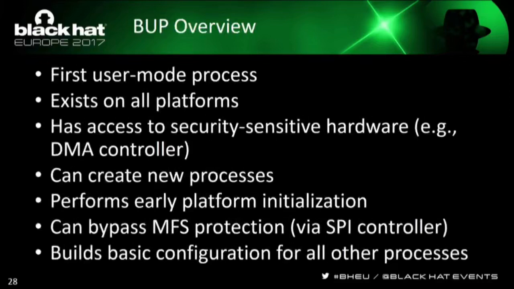BUP exists on all platforms, not only vPro systems, but on desktops, mobile, and servers. It can create new processes via a system service. Also, it gets started before all other processes and has access, as no one else does, to a large range of hardware resources.